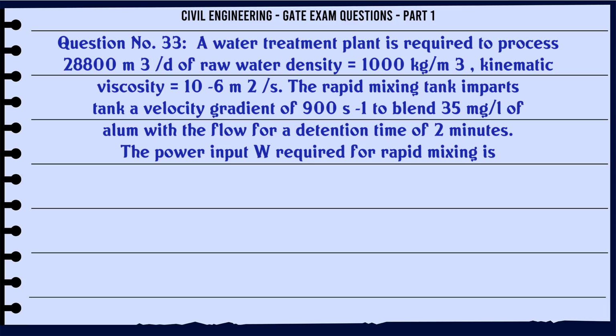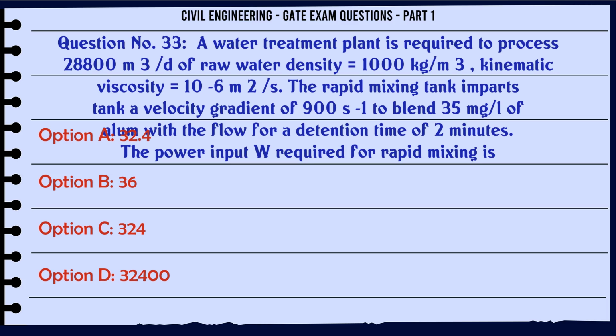A water treatment plant is required to process 28,800 m³/d of raw water. Density is equal to 1000 kg/m³. Kinematic viscosity is equal to 10⁻⁶ m²/s. The rapid mixing tank imparts a velocity gradient of 900 s⁻¹ to blend 35 mg/l of alum with the flow for a detention time of 2 minutes.